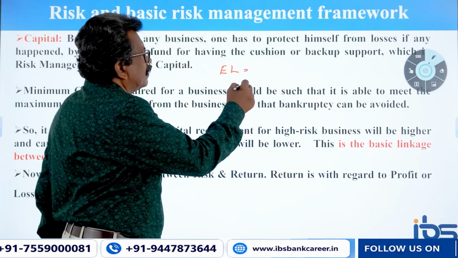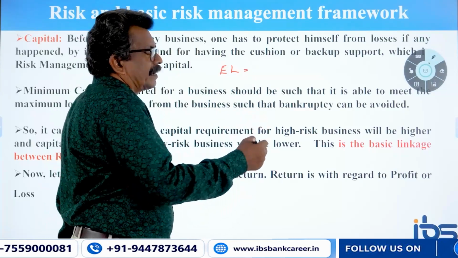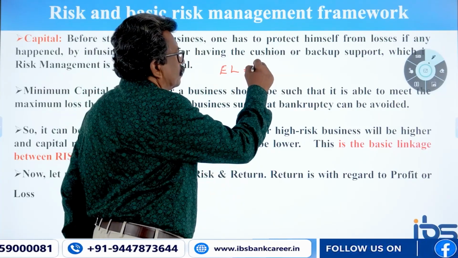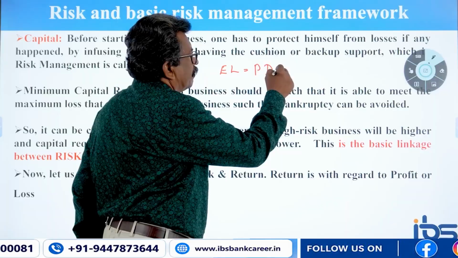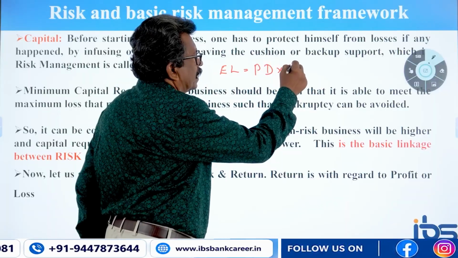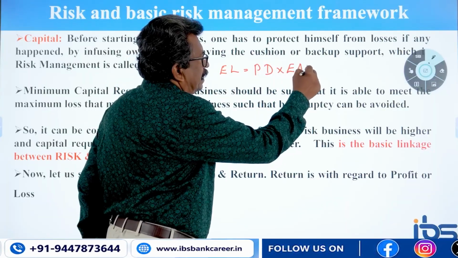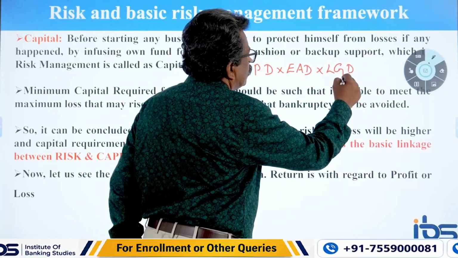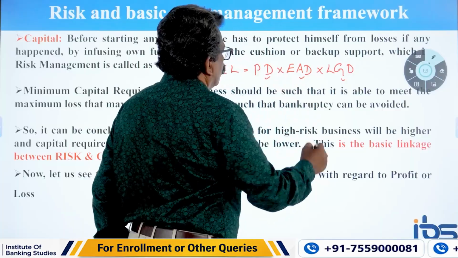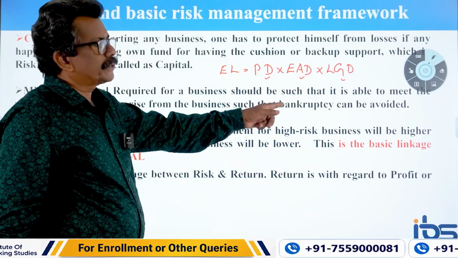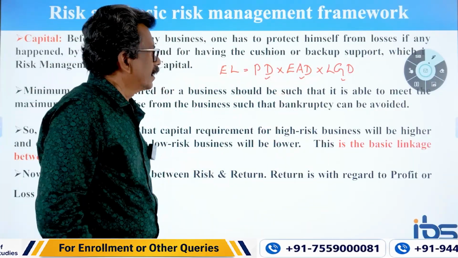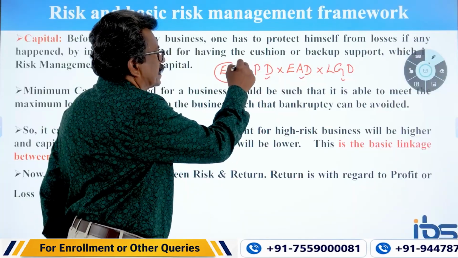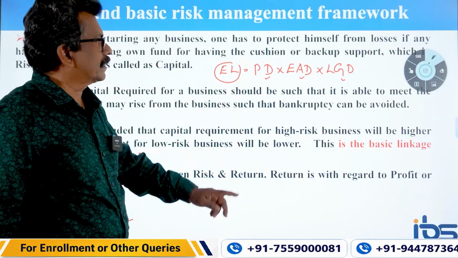So, expected loss, how do you calculate it? As we discussed yesterday, PD, probability of default, times EAD, exposure at default, times LGD, loss given default. Multiply these three things together and you will get the expected loss.